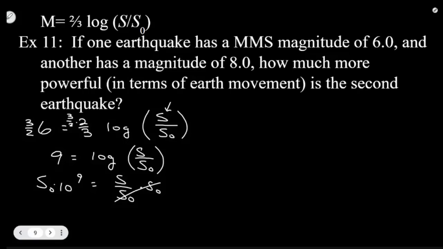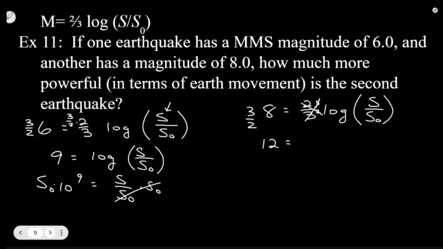We're going to do the same exact steps with the magnitude of 8 earthquake. Okay, and first step again is multiply by 3/2. That would give us 12. Then what? I did the last one.